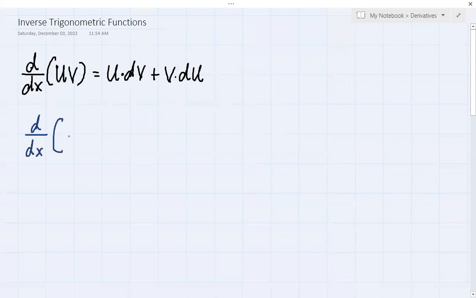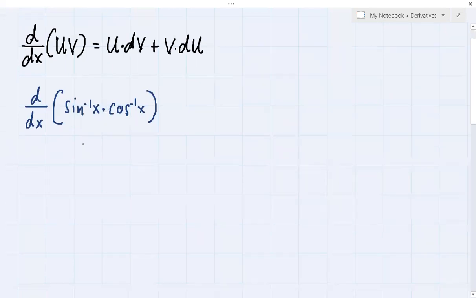So first, what is the derivative of arc sine x times arc cosine x? So, pumili ka which one is your u and which one is your v. My u is arc sine. My v is arc cosine. Alright?